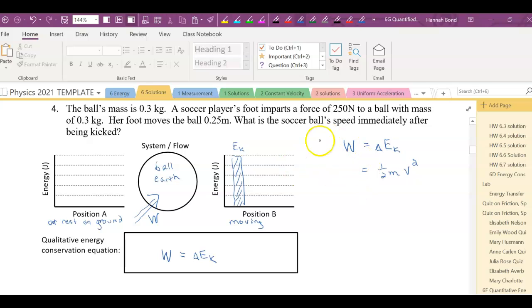So is there a way to find work other than by equating it to how much energy it has transferred? Yes, work is equal to the force that's applied multiplied by the displacement of the object. So here we know that the soccer player exerted a force of 250 newtons, and she caused the ball to move a quarter of a meter.